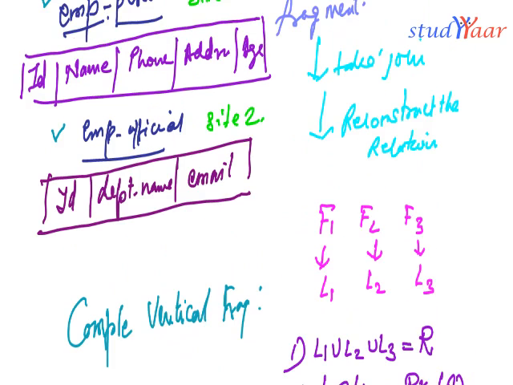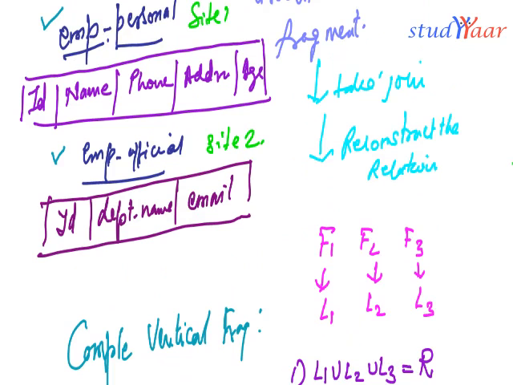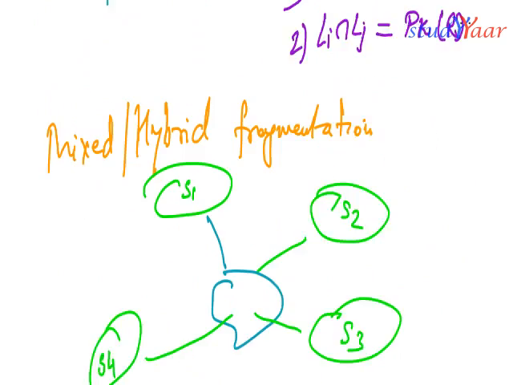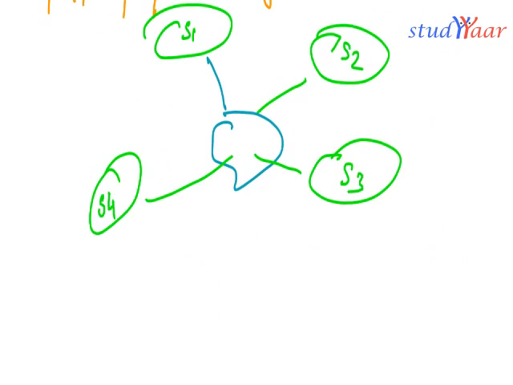So if I have to create a mixed fragmentation, then what I can do is, in site 4 I will store the entire personal details of all the employees. Okay, so what is my site 4? My site 4 is project ID, name, address, phone, and do we have some other personal detail?